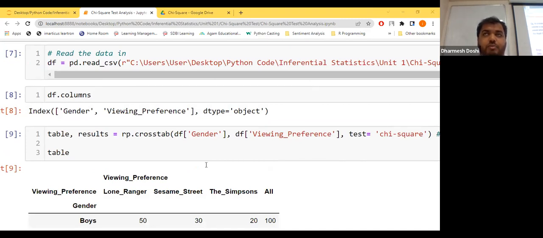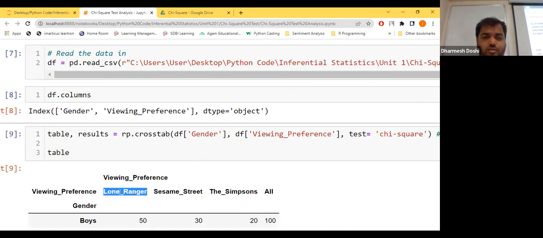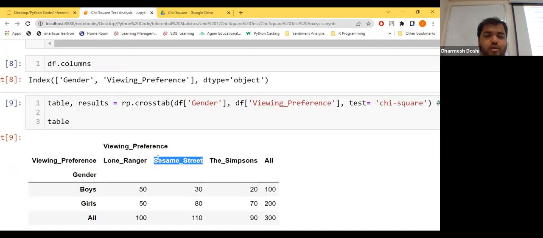Only the names get changed in my case, guys. I have taken Lone Ranger as Shark Tank, Sesame Street as Big Boss, Simpsons as the Kapil Sharma show. You can see the numbers. Headers may get changed also.